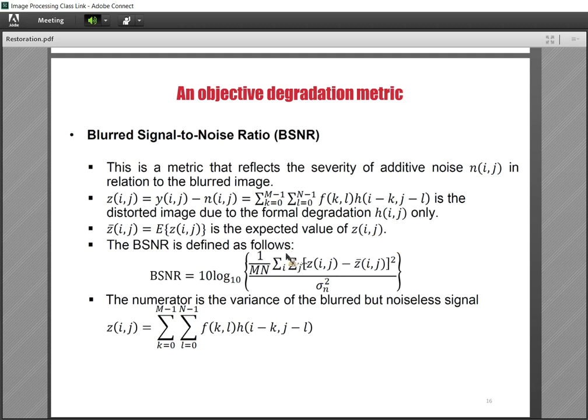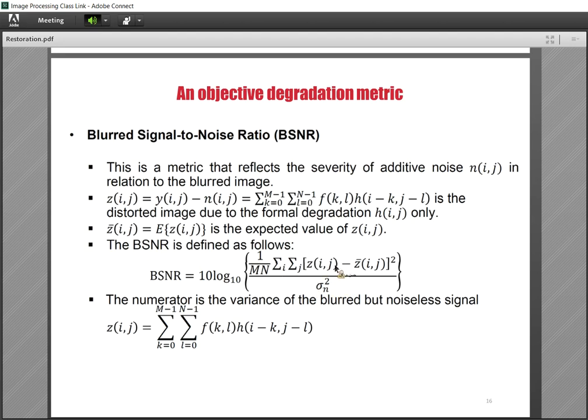This is the meaning of expected value, and this is the energy of the system, the expected value of x minus x bar powered by 2. This is the variance of the signal, and this is the variance of noise, for signal to noise ratio.